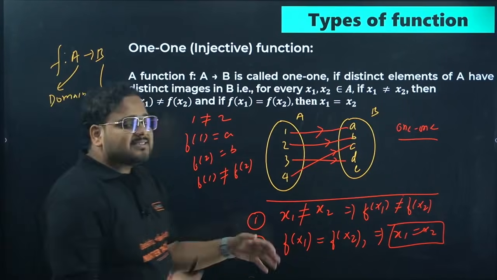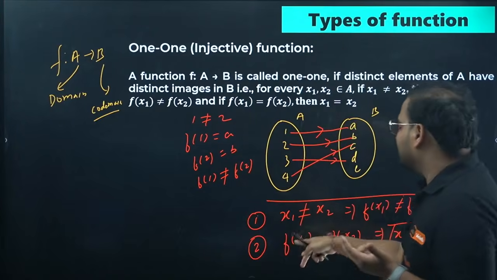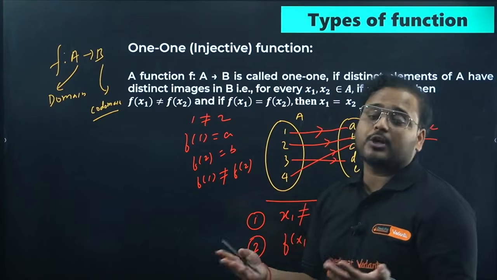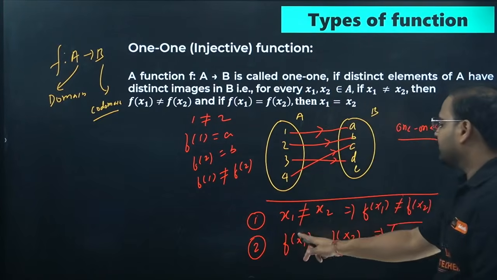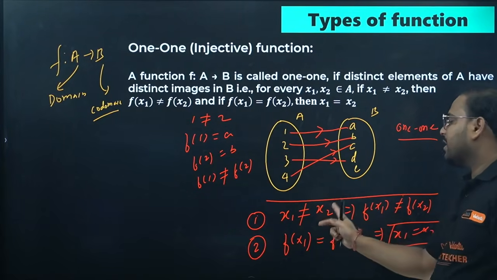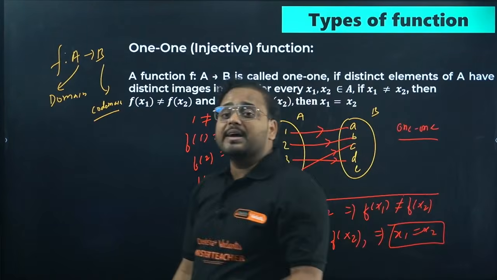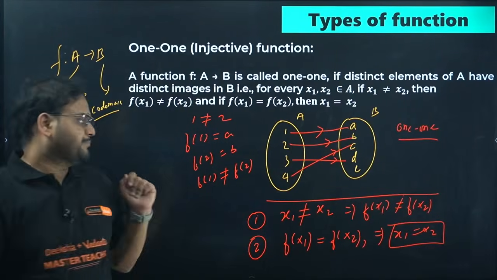You don't have two different points giving different or equal function values. When f of x1 is equal to f of x2, x1 and x2 have to be equal. When x1 and x2 are not equal, then f of x1 is also not equal to f of x2. Is it clear? Chaliye.